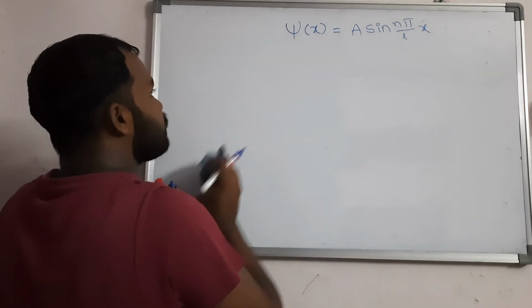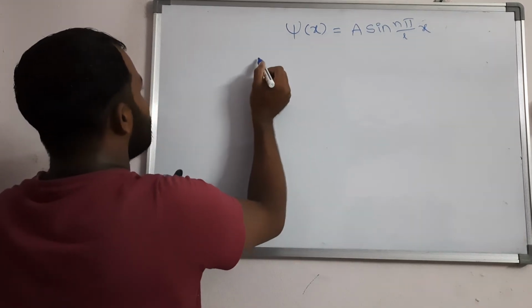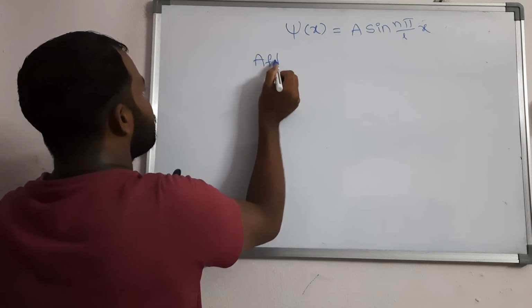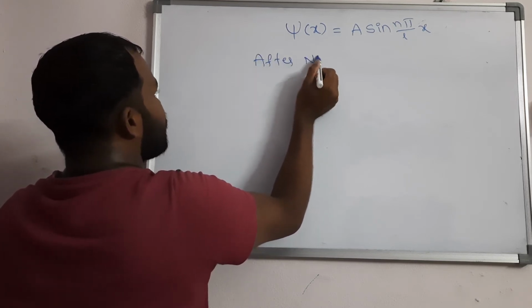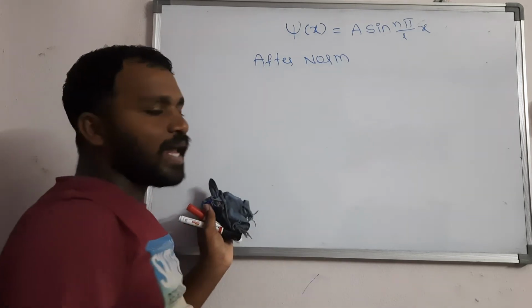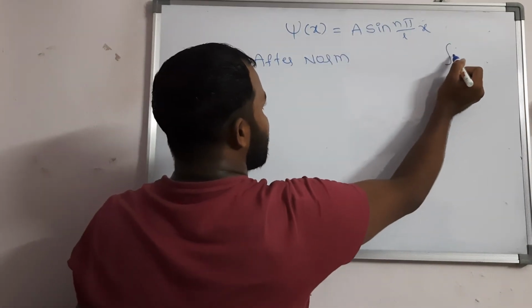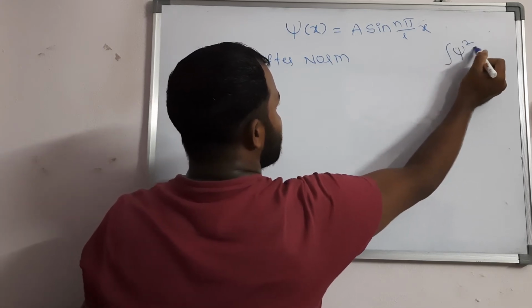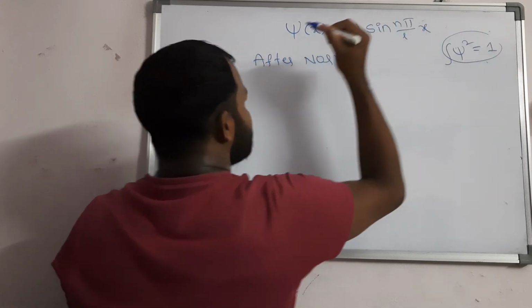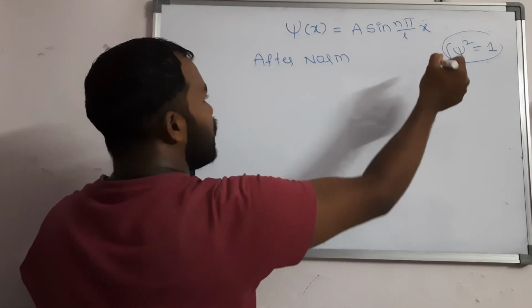Next, you should apply the normalization condition to the above equation. What is the normalization condition? Integration of psi into psi, that is psi square, is equal to 1. If you apply this condition, you should do it with limits 0 to l.